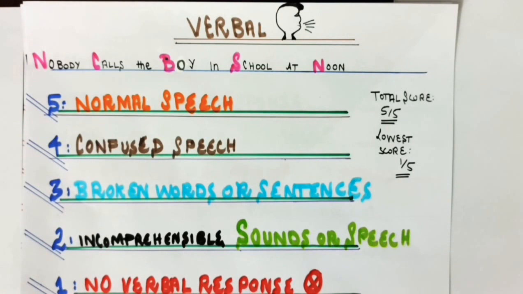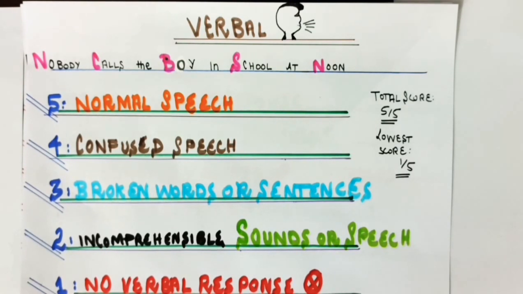What does a score of 2 by 5 for verbal stand for? A score of 2 by 5 for verbal stands for incomprehensible sounds or speech. For this, you need to understand the concept that if a person has suffered a deep-seated brain injury or has a head injury which is really exaggerated or deep, the person will be unable to communicate what he wants to.